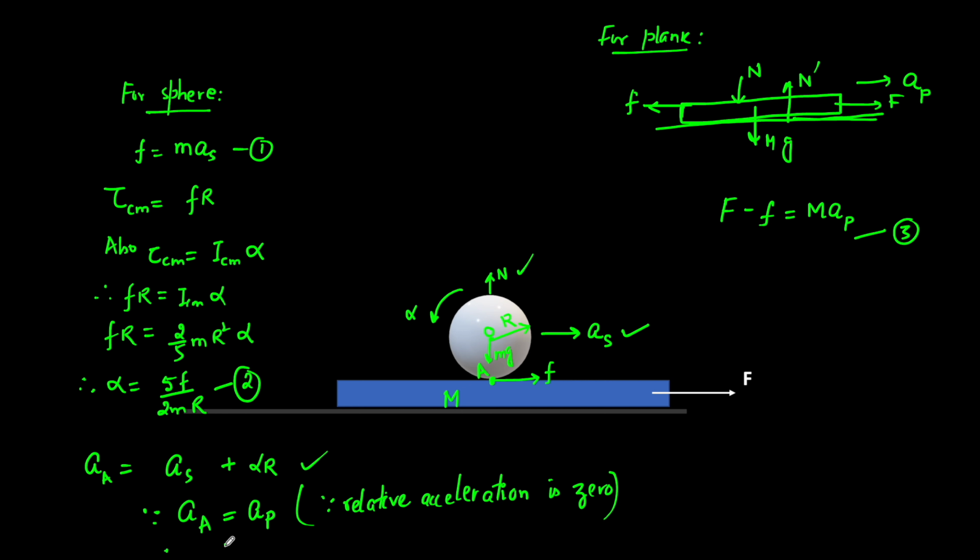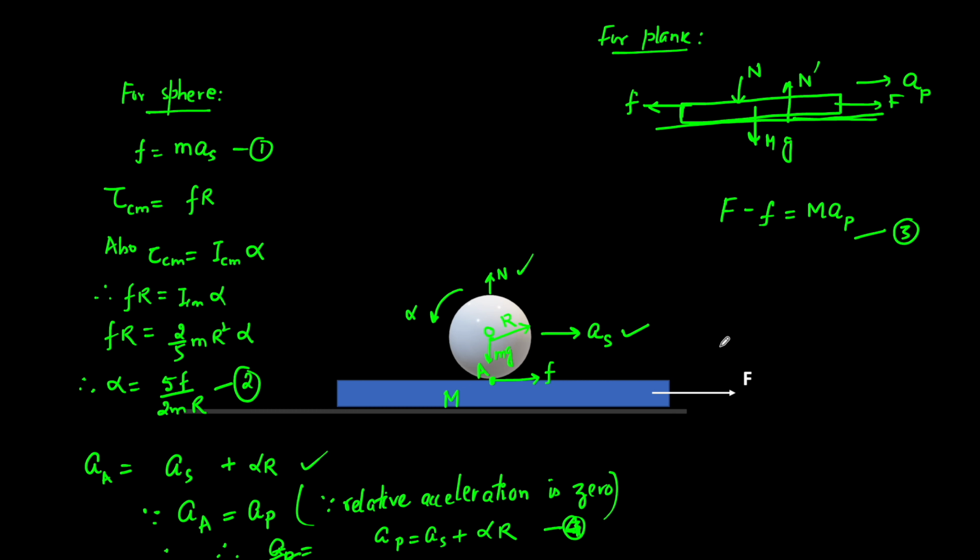Therefore, we can write that AP is equal to AS plus alpha r. This is equation number 4.